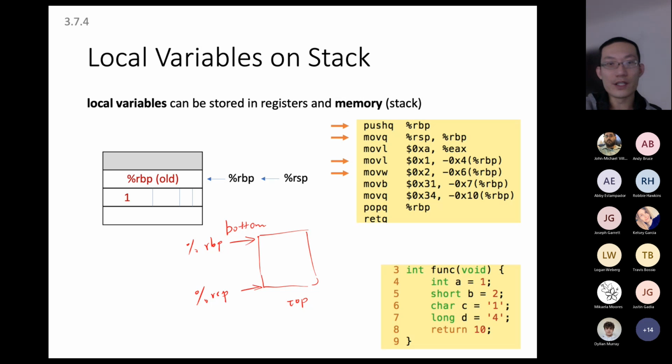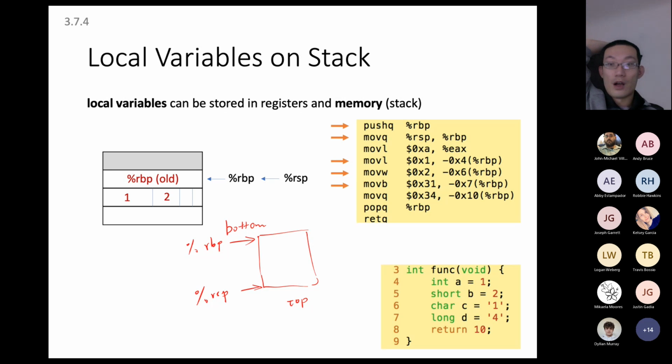The first one, the integer 1, we just place on the stack. And then the second one is number 2. We find a place to give it to 2.